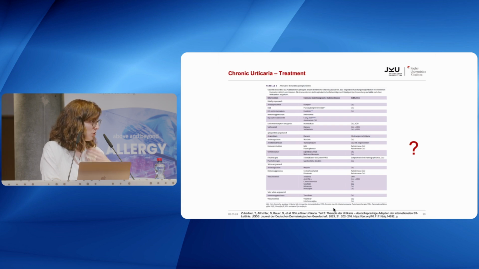I always measure it with my patients, and I frequently find IgG anti-TPO antibodies, very often without a thyroid pathology. So they are still euthyroid, how is it called in English? Yeah. So they don't need a therapy for the thyroid, but it still tells me there's something going on.